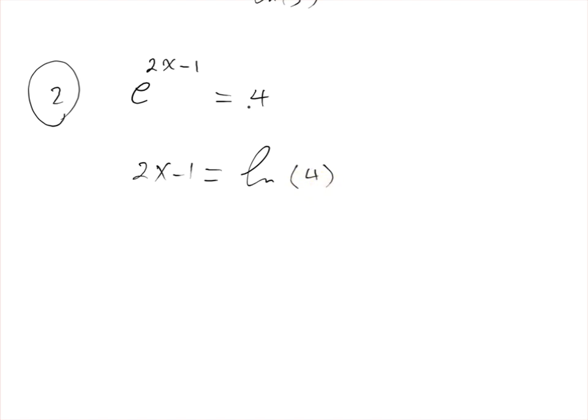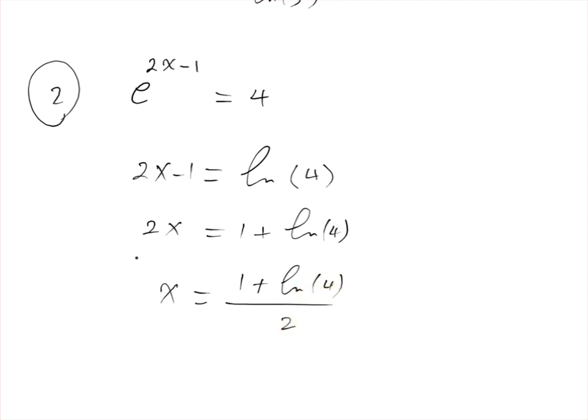The output of the exponential function, which is 4, becomes the input of the logarithmic function, in this case ln, base e. Now, to solve for x, you don't need to put this in a calculator. There is no exact value in decimal form. Keep it as ln of 4. Add 1 and then divide by 2. And that would be the exact answer. So x is 1 plus ln of 4, divided by 2.